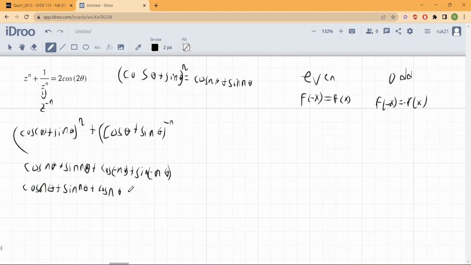And this negative over here, we can bring it outside, so negative i sine n theta. Then these two cancel out, and we're left with 2 cos 2 theta. The way 2 theta came in there is that the original question just said replace n with 2. So right in the end there, we get 2 cos n theta, and if we finally replace our n with 2, we get 2 cos 2 theta.